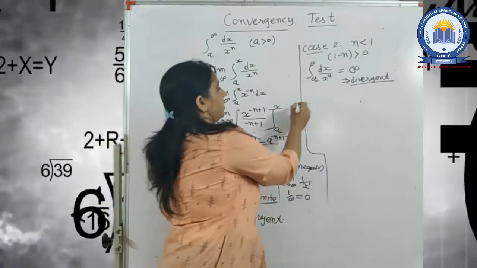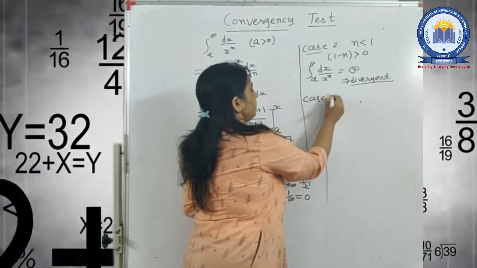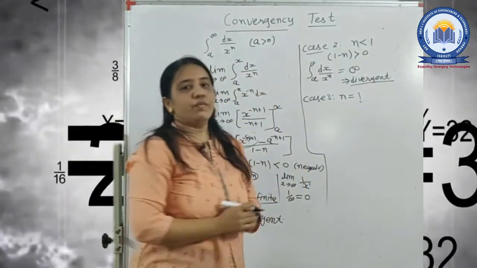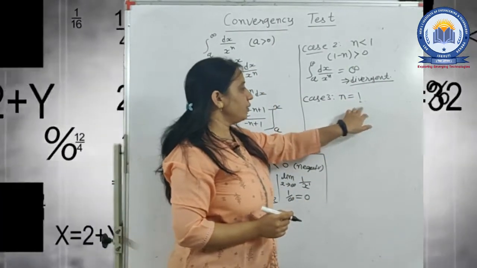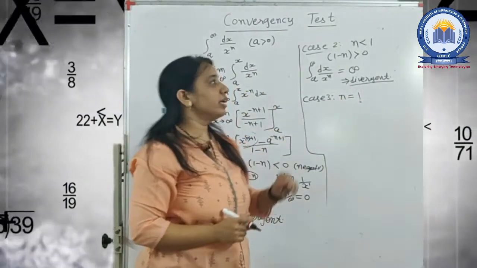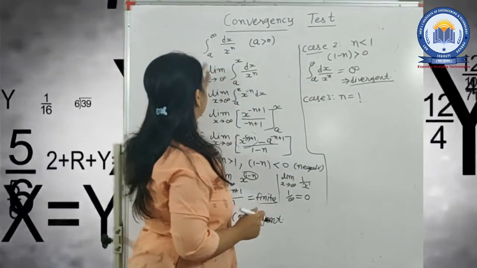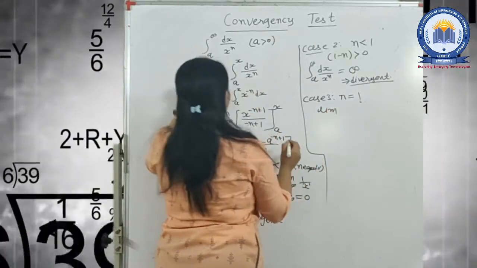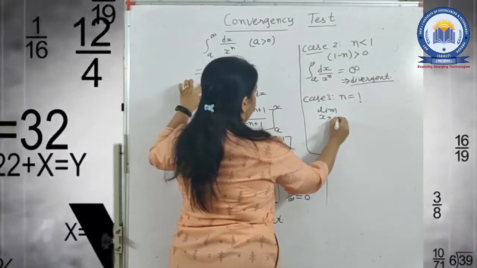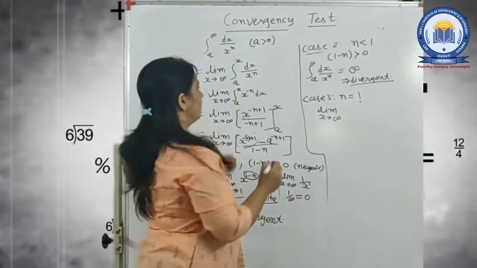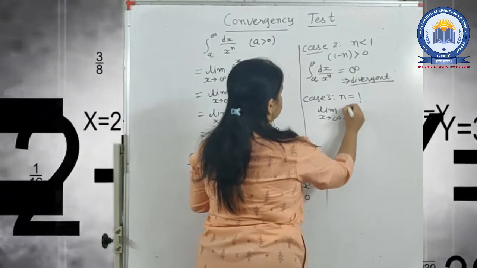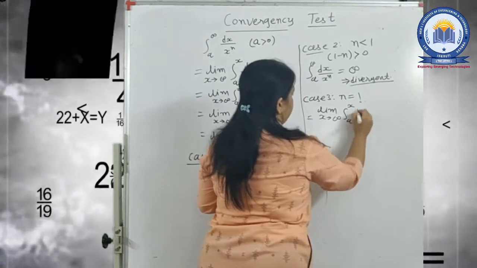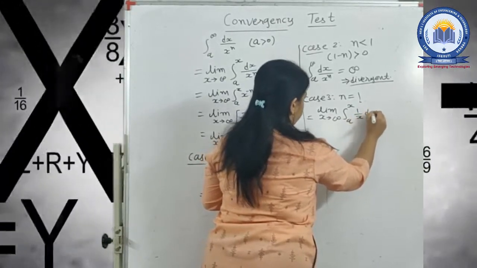Now case 3, we'll assume n equal to 1. So n equal to 1 we directly put into the main equation. That is limit x tends to infinity, integral a to x dx upon x, that means 1 by x dx.